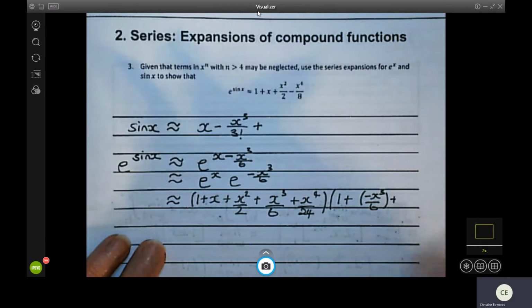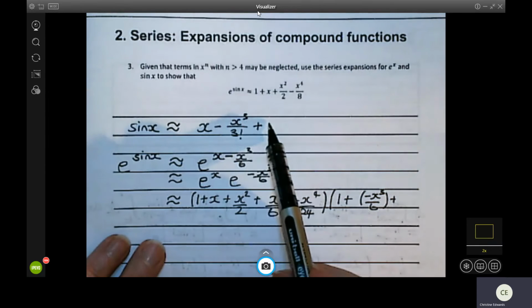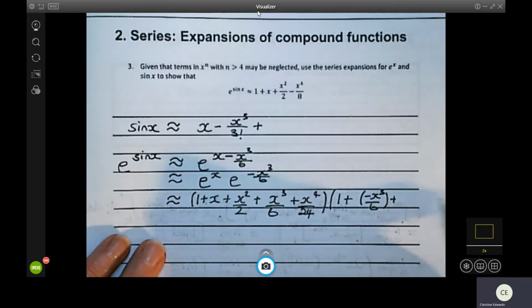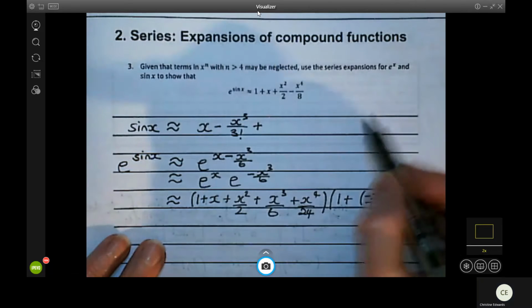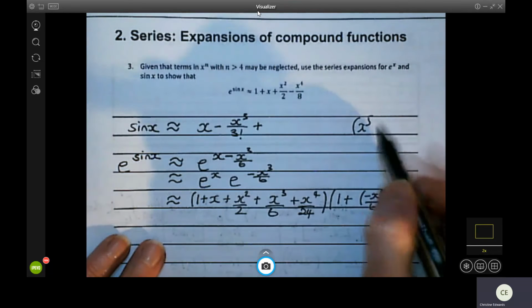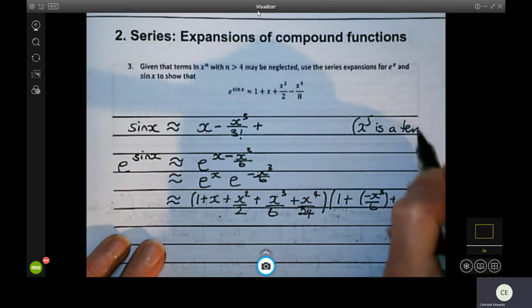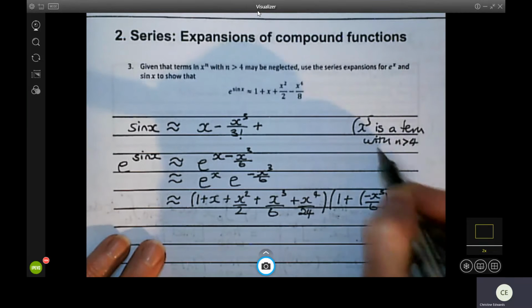If I'd had another expansion by using terms higher here, I would have been working with terms that were x to the 5. So the power would have been too high, so I didn't need any further terms here. x to the 5 is a term with n greater than 4, therefore not required.